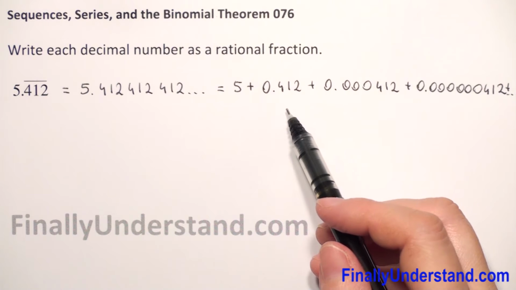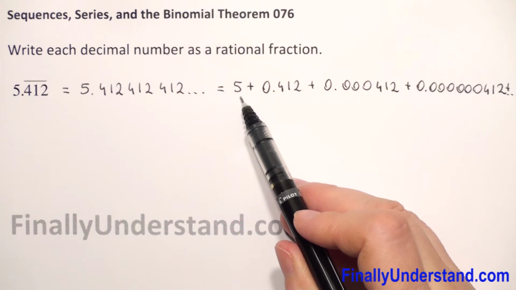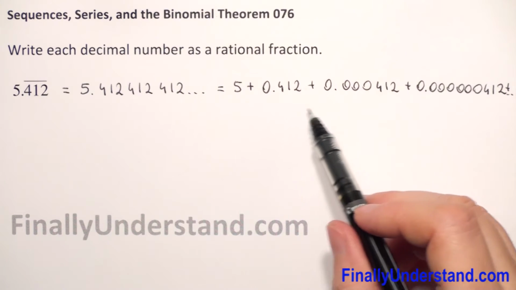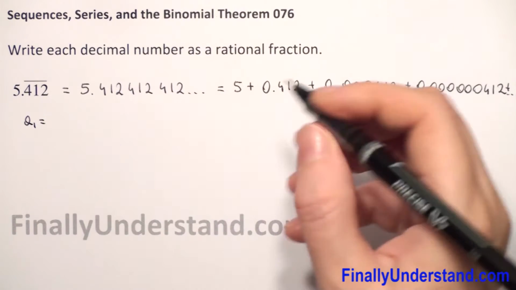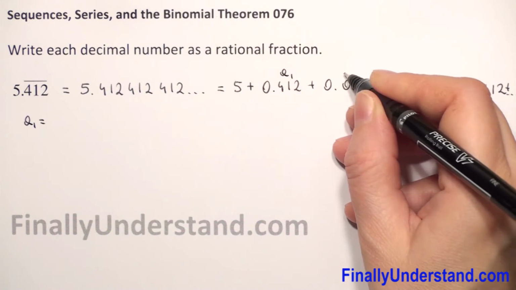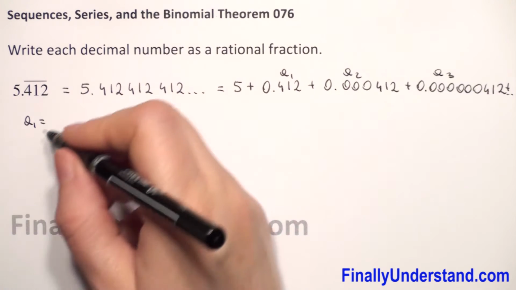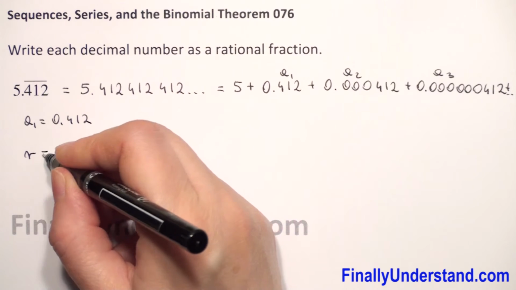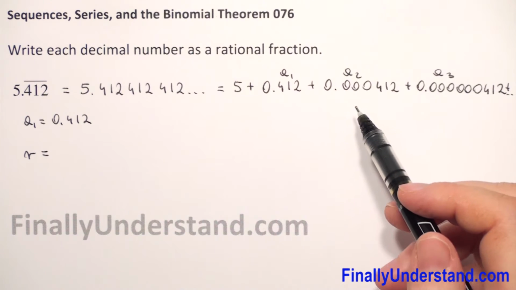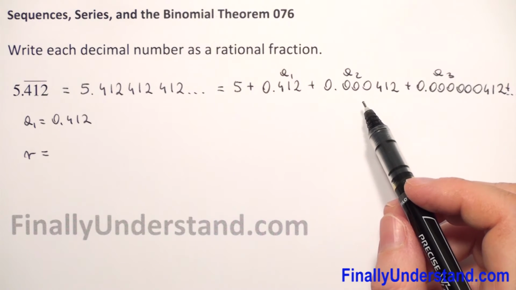Now we see that the terms of the series, except for the first 5, form an infinite geometric progression, where the first term a1 is 0.412. We have to calculate r: we take two consecutive terms and divide the second one by the first one.